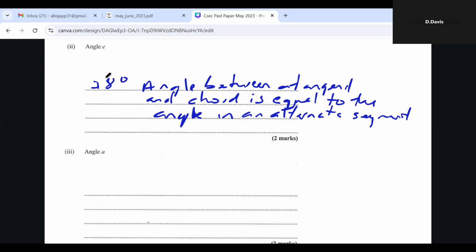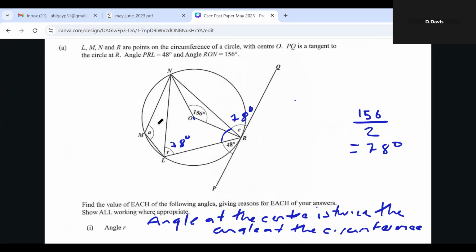And then angle A now. A is right here. Angle A. This is 78 and this is 78. Okay, so 78.